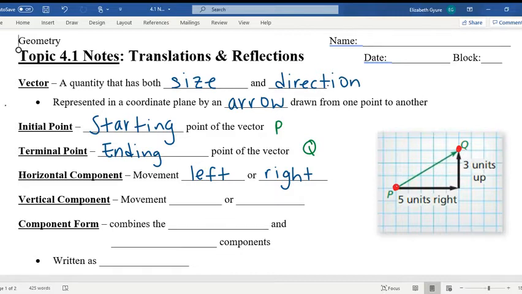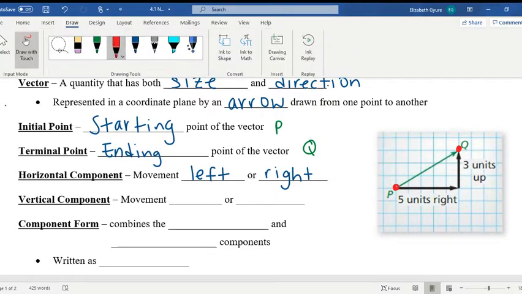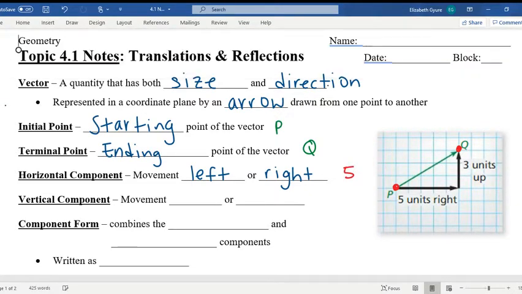How did it move horizontally in this diagram? How many units to the right did it move? 5, right? So my horizontal component here would be 5 because it moved 5 units to the right.